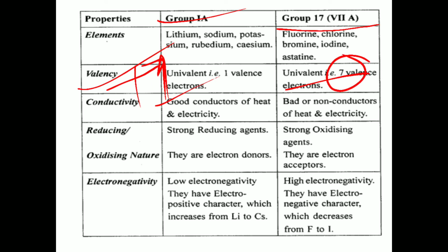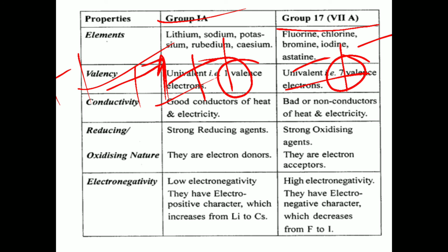But in case of alkali metals, or group number 1 metals, the number of valence electrons is 1. But both of them are unipositive or univalent actually. Alkali metals are +1, and halogens are -1. So we can say that both of them are univalent in nature.